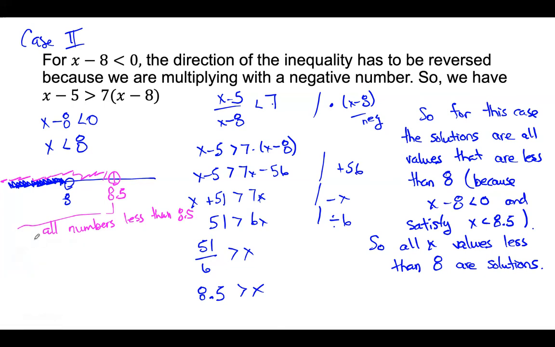Now black. So for the first case, for x minus 8 being greater than 0, we have the solution x is greater than 8.5.